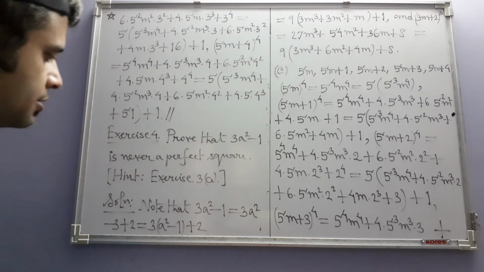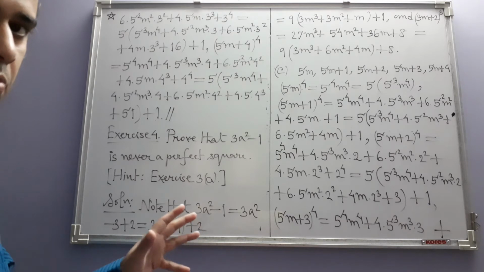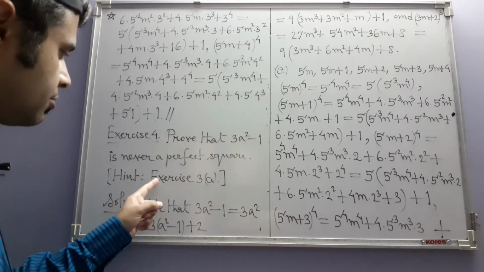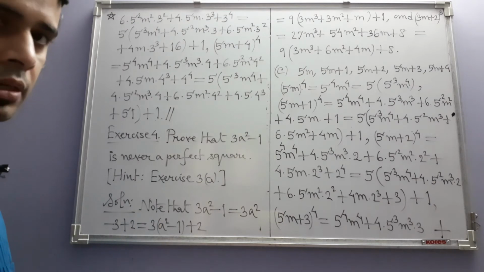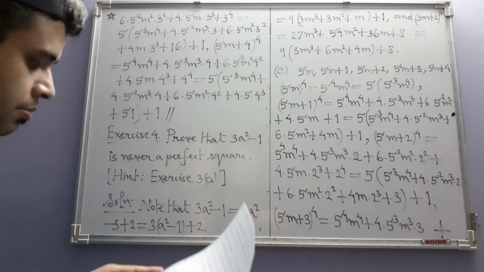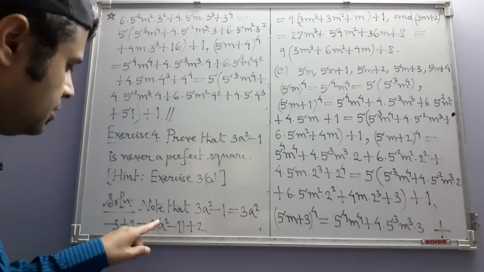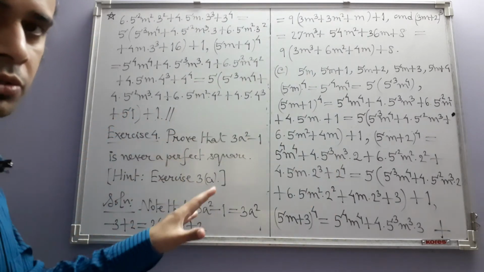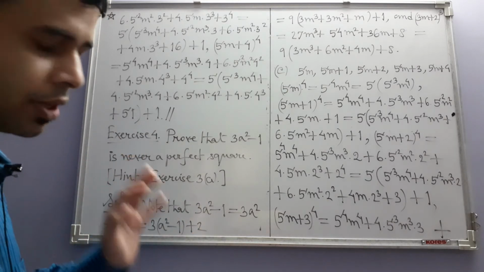In other words, 3a square minus 1 is of the form 3k plus 2, and according to the previous exercise, the square of any integer is either of the form 3k or 3k plus 1. So since this is not any one of those forms, such an integer can never be a perfect square.